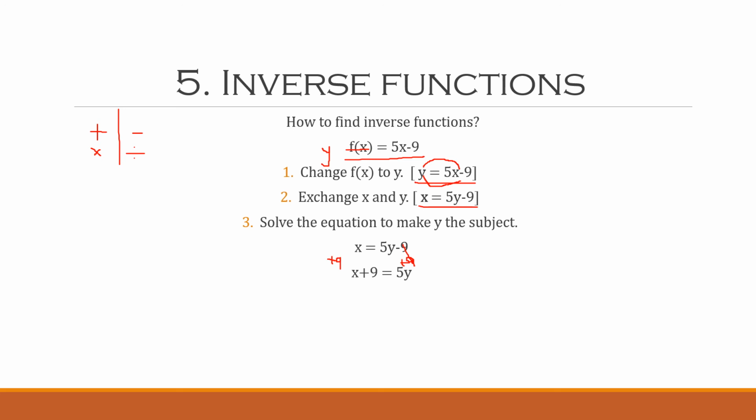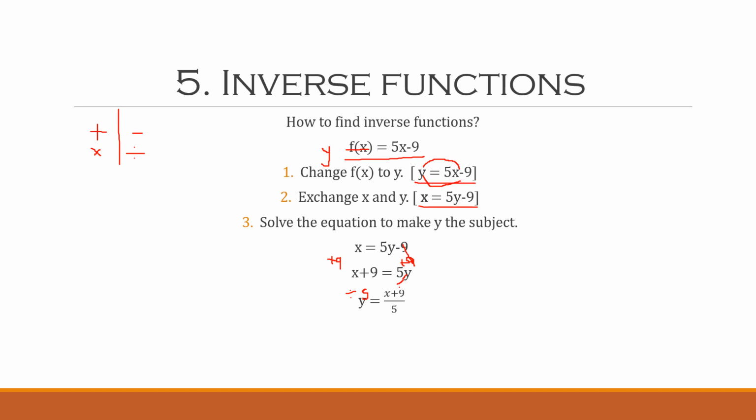Now we will be doing division by 5 to give us y isolated. So divided by 5 and divided by 5. Here this 5 and this 5 get cancelled, which leaves us with y is equal to x plus 9 over 5 right here, as you can see.